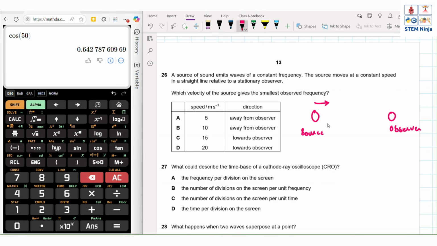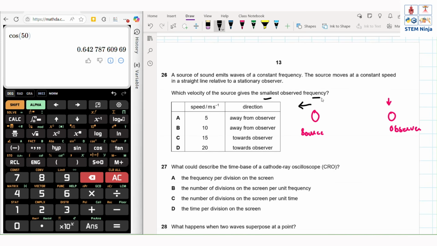if it is moving towards the observer, it's going to decrease the observed wavelength over here for the observer, which is the Doppler effect. But if it moves away, the Doppler effect causes the wavelength to be increased, thereby decreasing the frequency.